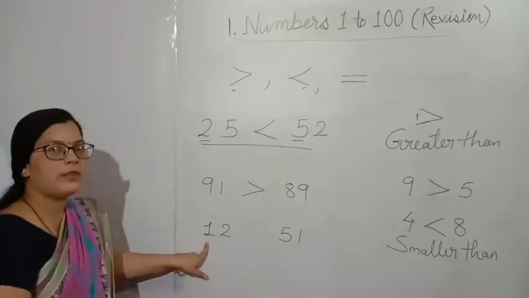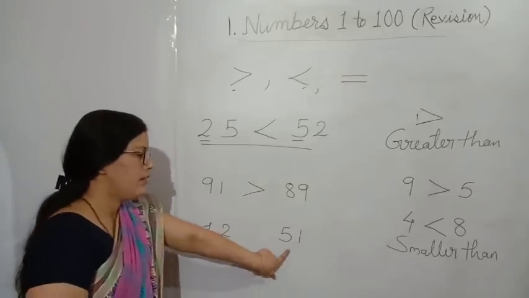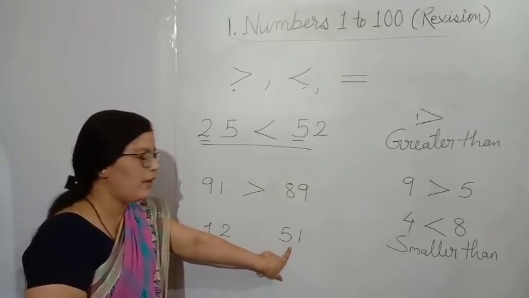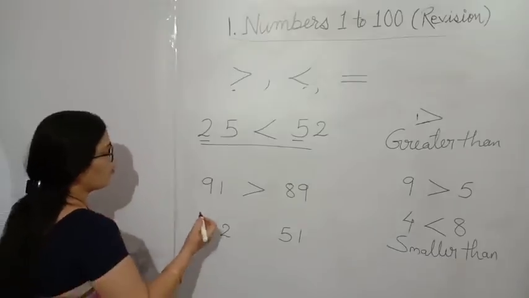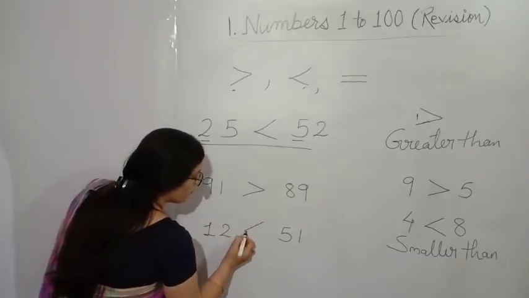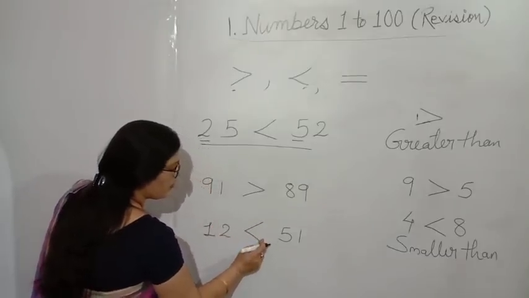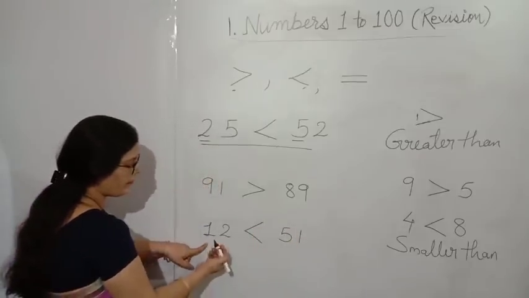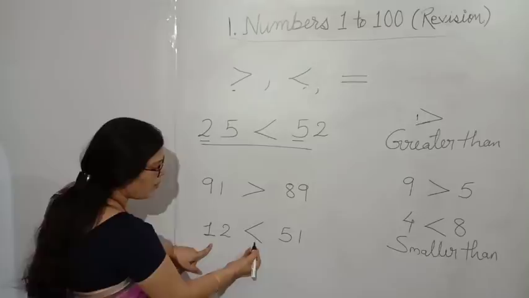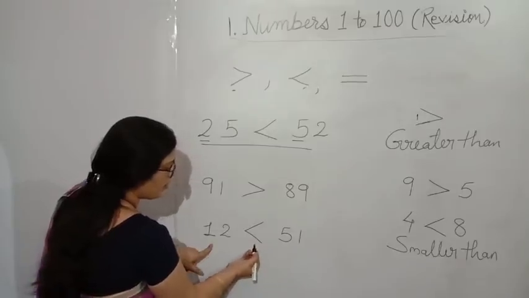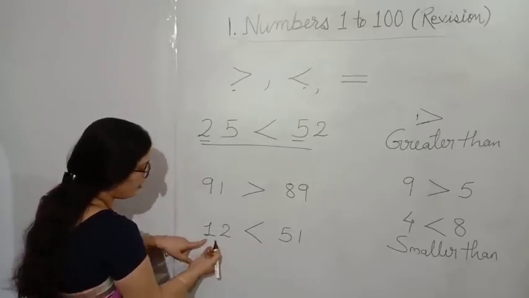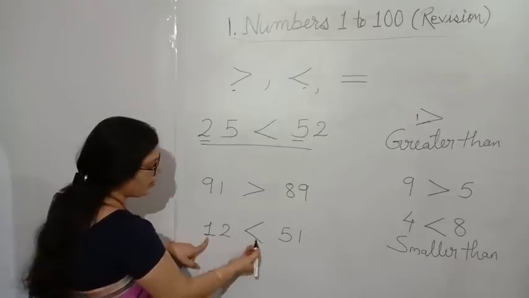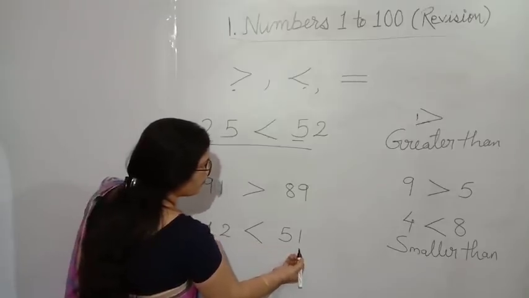So which one is the bigger number? Yes, it is 51. So we'll use this sign. The mouth remains open towards the bigger number. And how will we read here? 12 is smaller than 51. This sign is of smaller than.